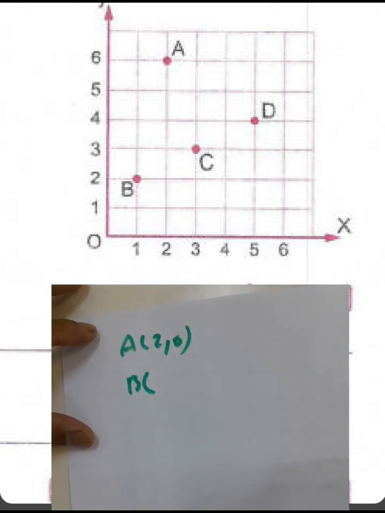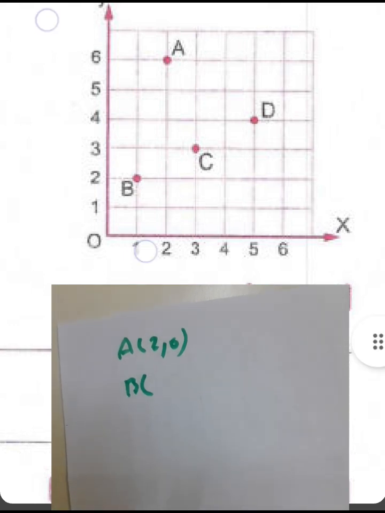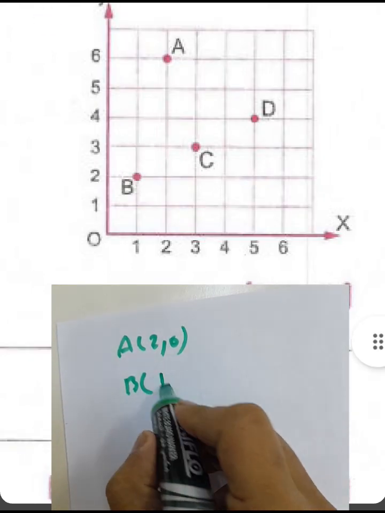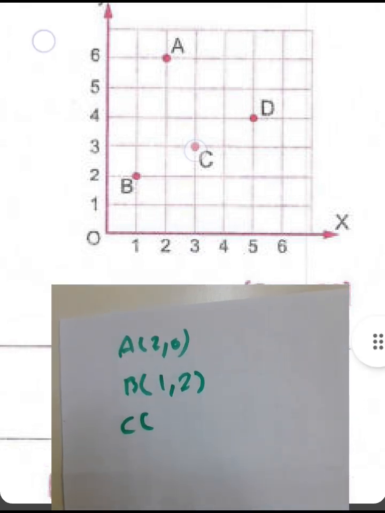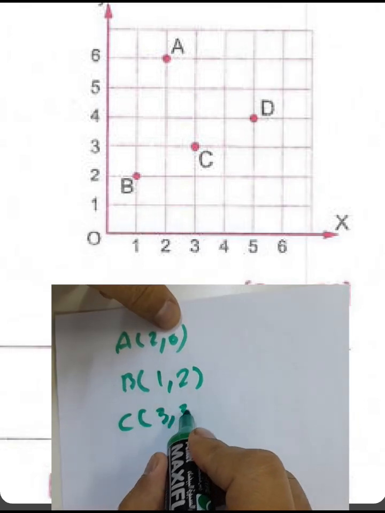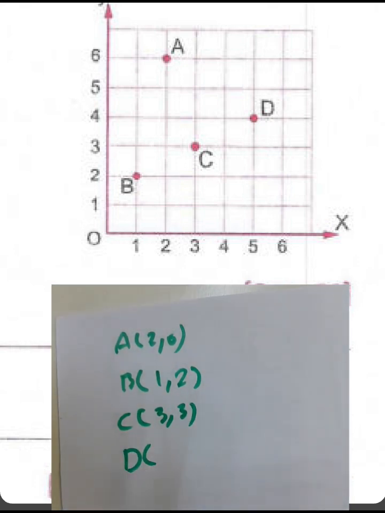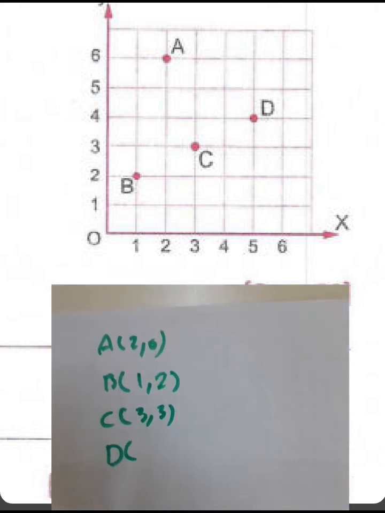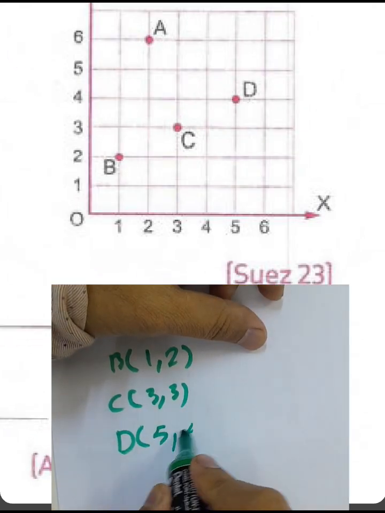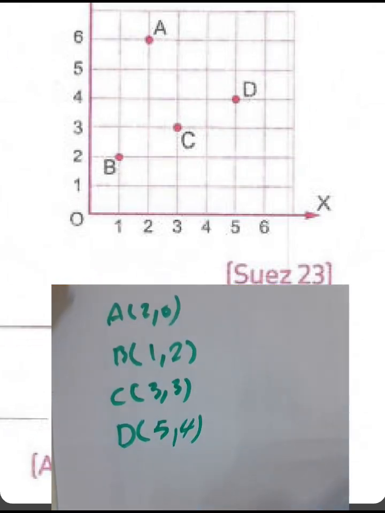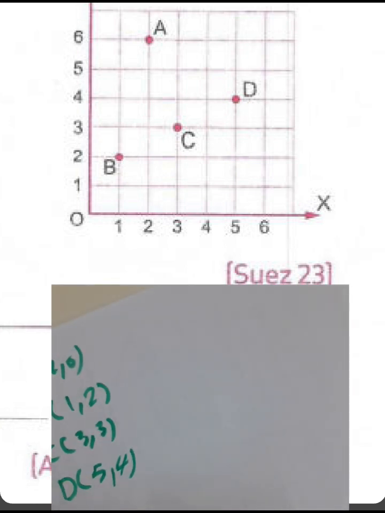Point B starts from 1 and ends at 2, so B is (1, 2). Point C is (3, 3). Point D starts from 5 and ends at 4, so D is (5, 4). Okay, understood? We have points A, B, C, and D.